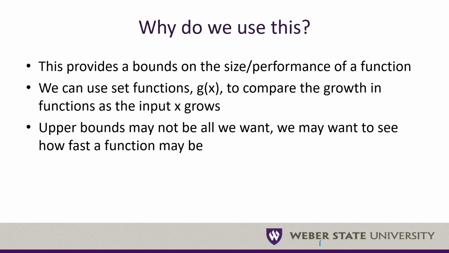So g of x would be the function that we're looking at. We may look at something other than just how fast something grows, the upper bound. We might, for example, want to say, well, how good can I actually get? There are some algorithms that for certain inputs, we actually have a really, really fast thing. For example, bubble sort.